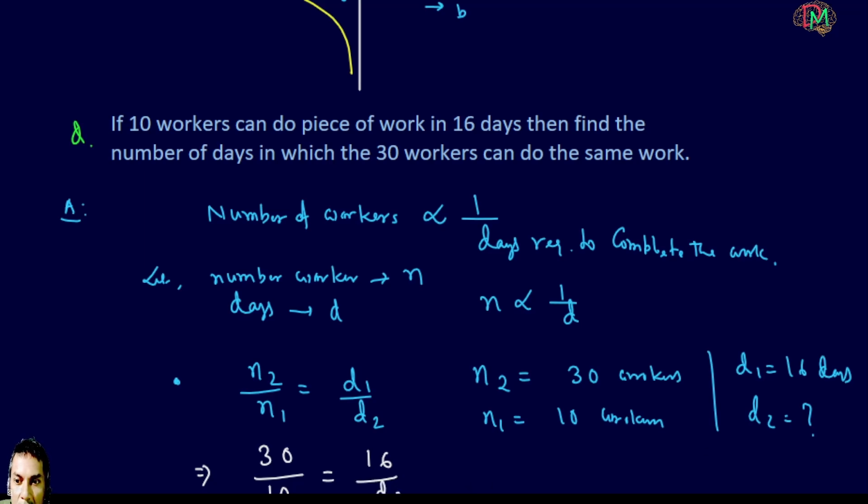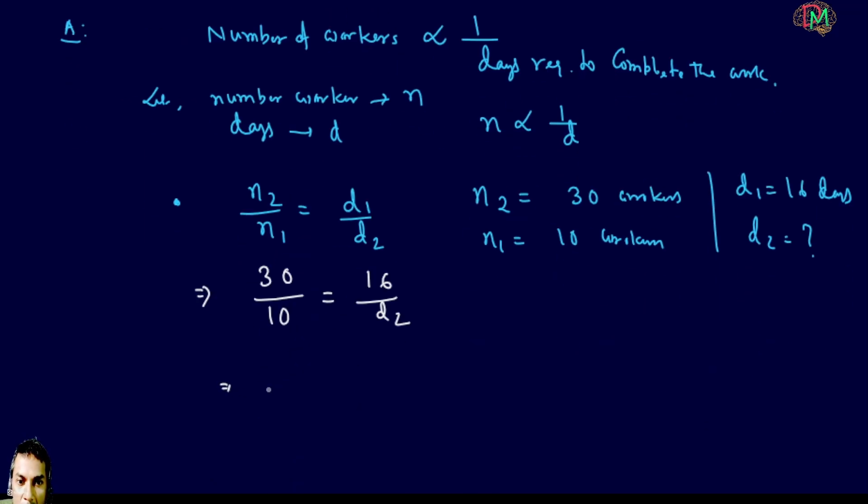We have to find d2. So from here we can find d2 is equal to 16 into 10 by 30. So the 0 cancels out, and it will be 16 by 3.